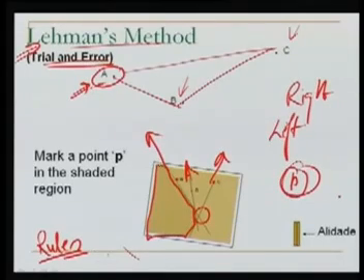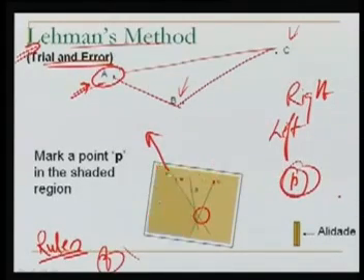That's the second rule. Then rule number 3 says our point should be selected in such a way that, because I can keep a point here, here, anywhere in this area, the next point has to be as near as possible to the triangle of error.